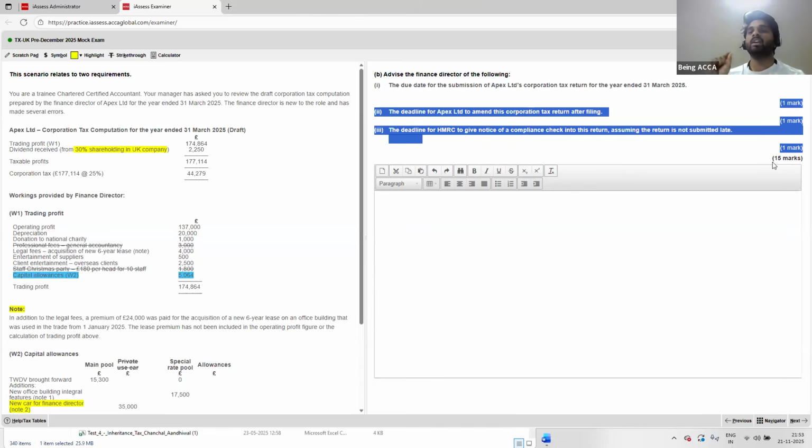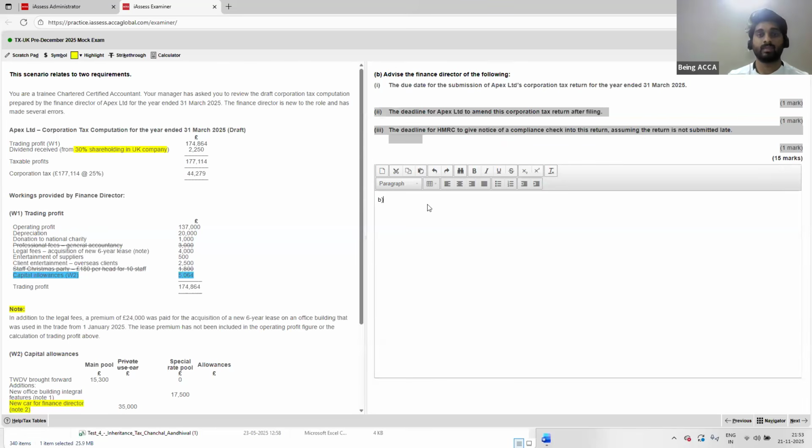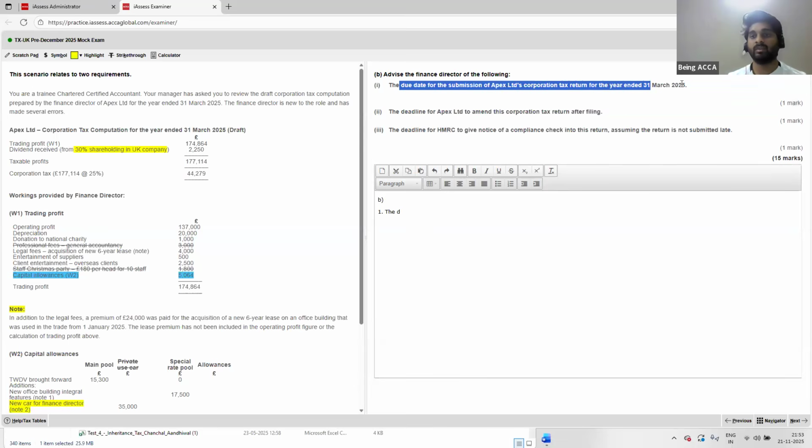So it is important that you pay attention and practice these at a major level, at least in the last 10 days, so that you'll be able to remember the dates, the penalties, and all of these in a better manner. All right. Now let's answer this question. The due date for submission, you can directly copy from here.